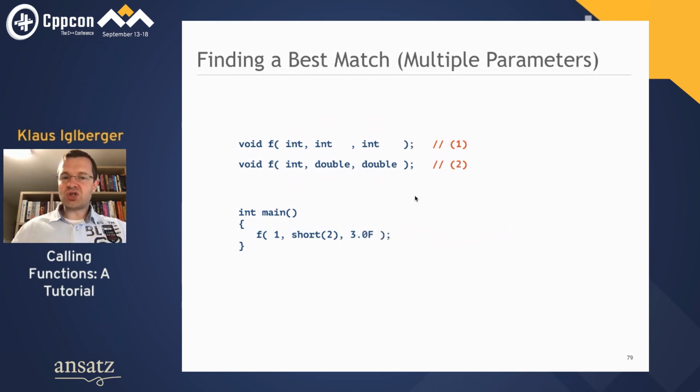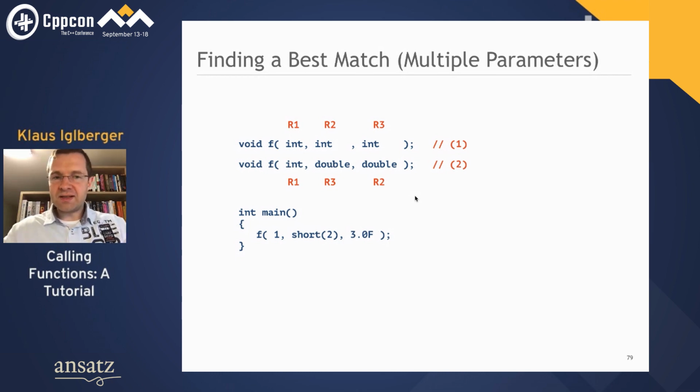If I change the second argument from an unsigned int to float, things change a little bit. Still, I can consider the first one as a tie between these two functions. I can consider this a promotion and this a conversion again. Now the float is converted into an int, rank 3, but promoted to double, rank 2.